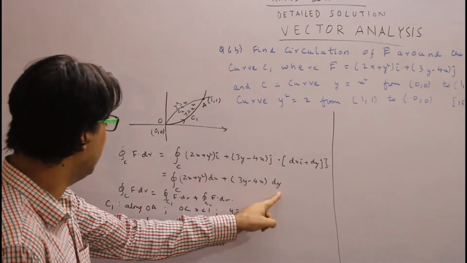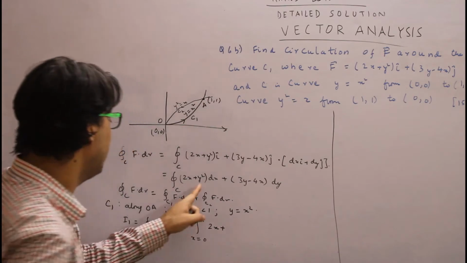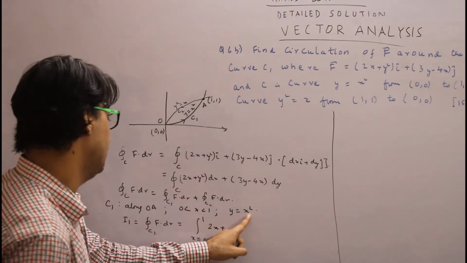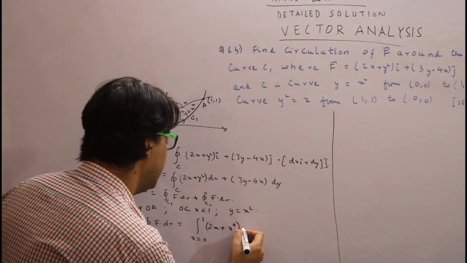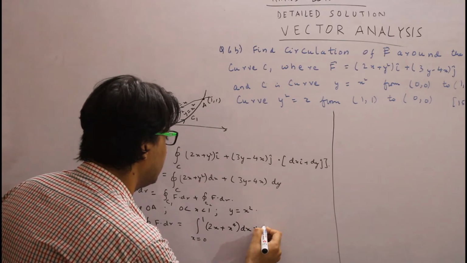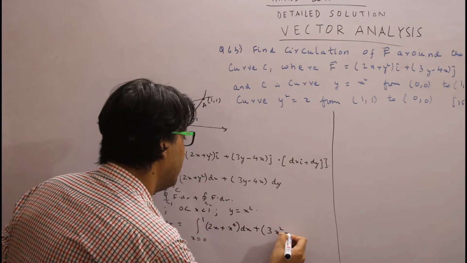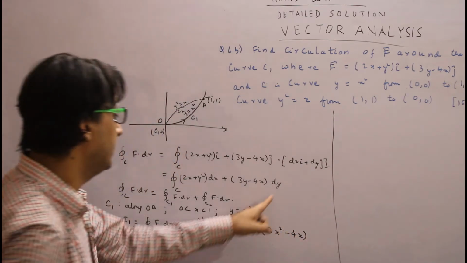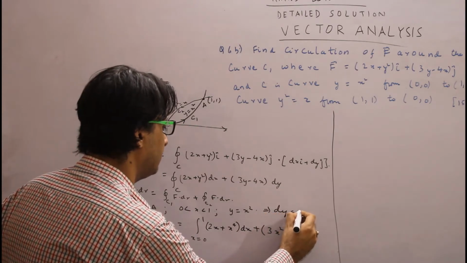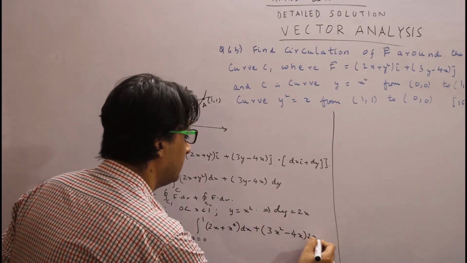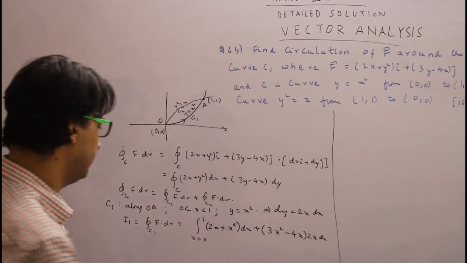We can write this as 2x plus y square, and in place of y I will put x square, so this becomes x to the power 4, dx, plus 3y, where y is x square, minus 4x, and this is dy. Here dy is equal to 2x dx.